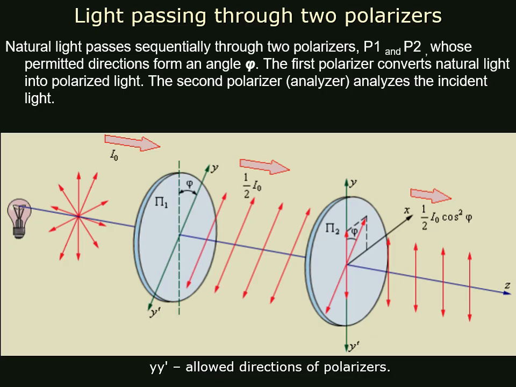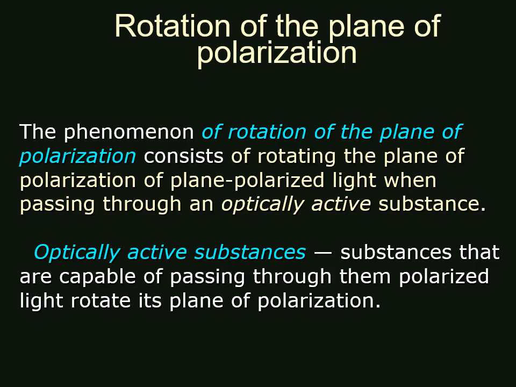We will not consider the passage of light through two polarizers in this picture. Let's go straight to the scheme of the passage of light rays in the saccharimeter. But before that, pay attention and remember that saccharimetry is based on the phenomenon of rotation of the plane of polarization.